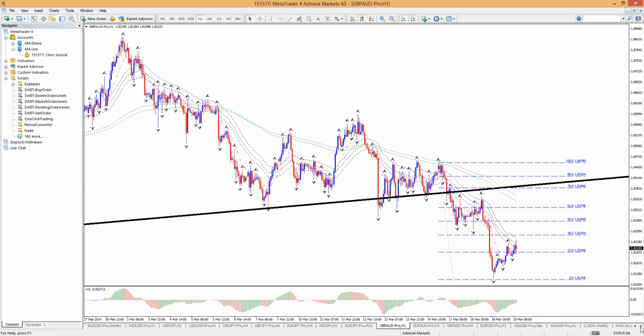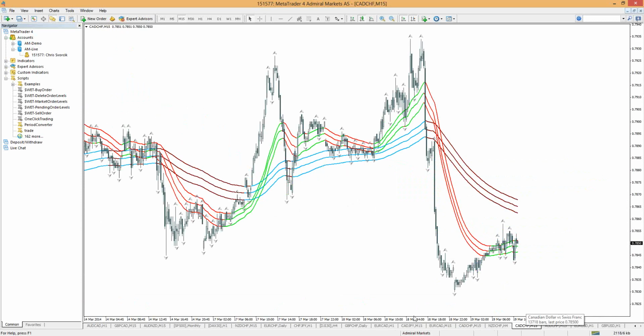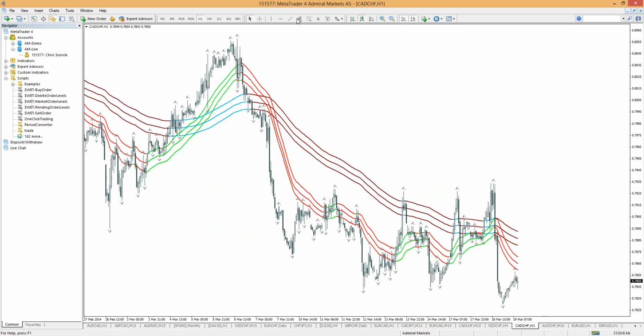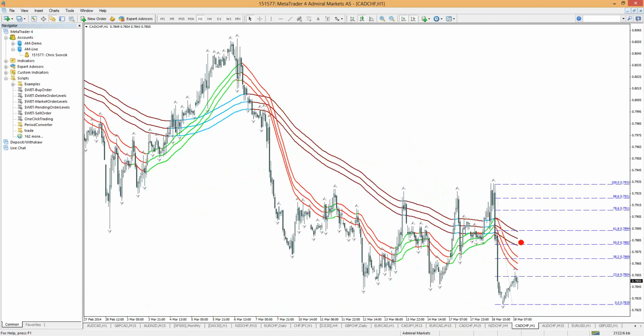Let's see. Let me go through all of these currencies here. The CAD Swissy looks like a good short as well when we get to the 50 or 61.8 fib, by the way.